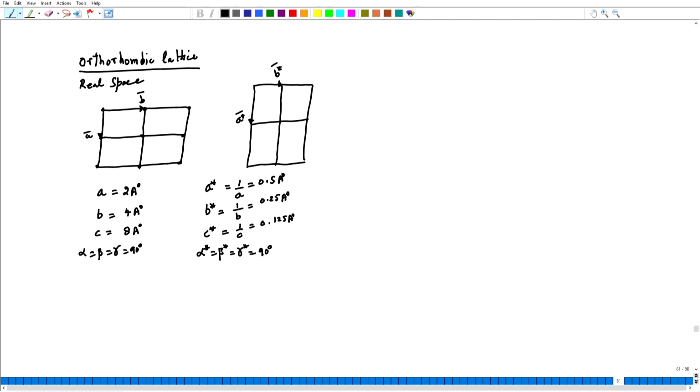So, you can see that the shape remains the same, but the dimensions are different, and I made a small mistake. This is not angstroms here, this is angstrom inverse.